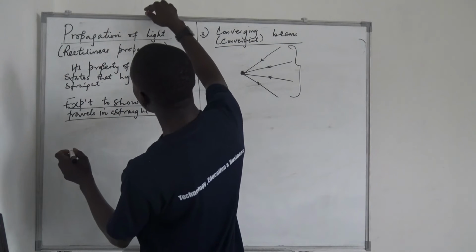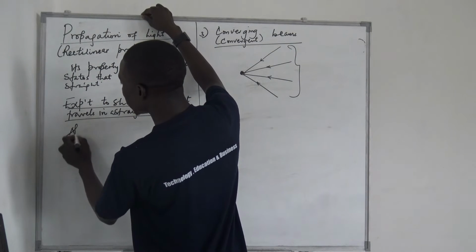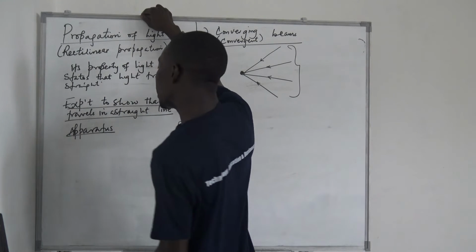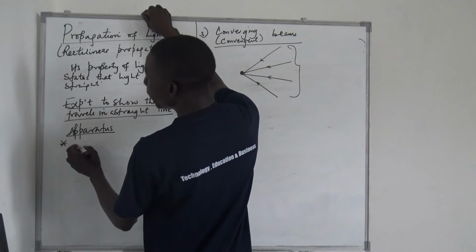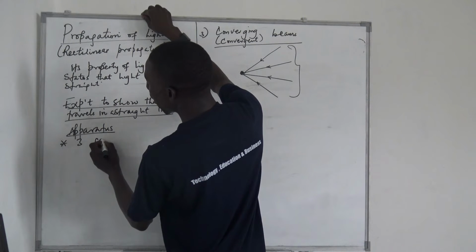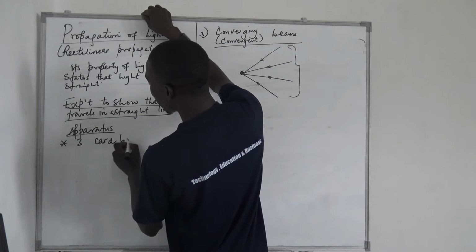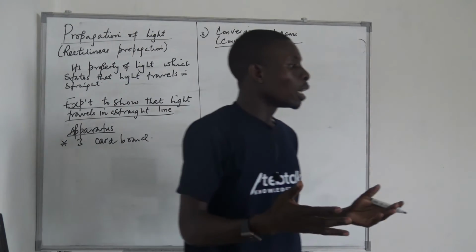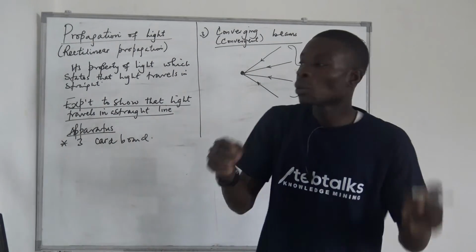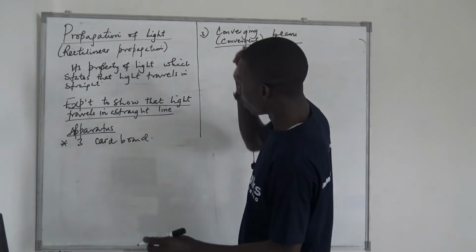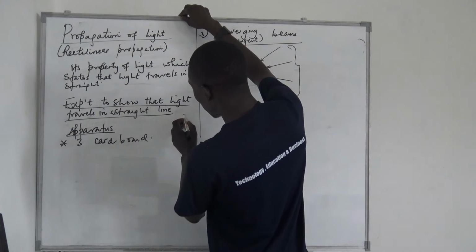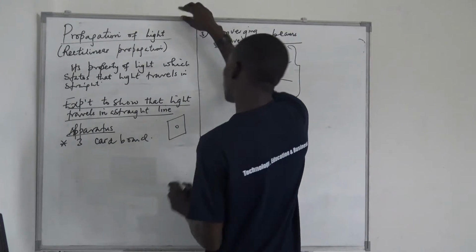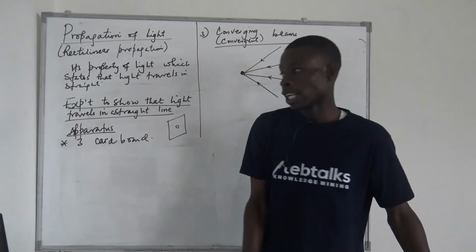We can have a number of apparatus that we need. We need at least a minimum of 3 cardboards. We can get any sheet of strong paper or a box in some good size, and then you drill a small hole through it. 3 of them, each with a hole through the cardboard.